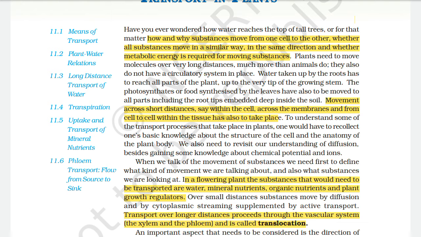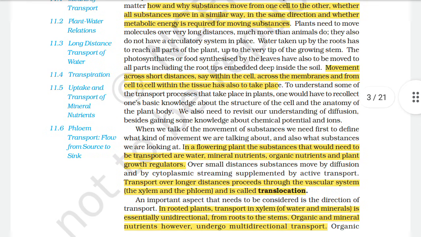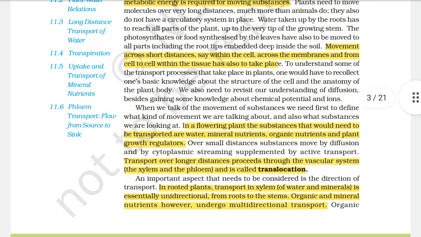Yes, there is, and that is the vascular system, which consists of the xylem and phloem. This long distance transport through xylem and phloem is known as translocation. For short distance transport, there are some processes like diffusion, facilitated diffusion, and some active transport systems.